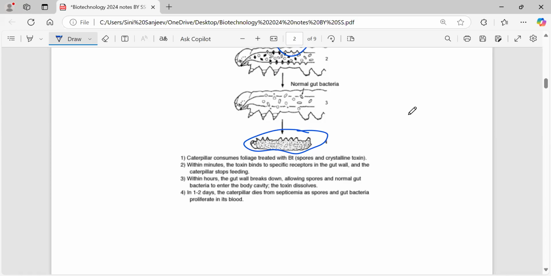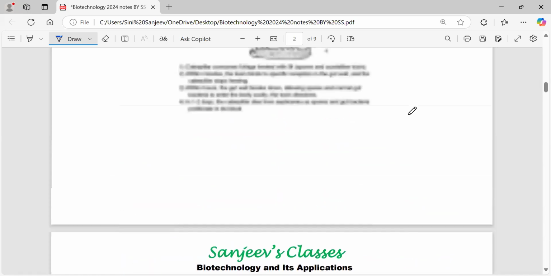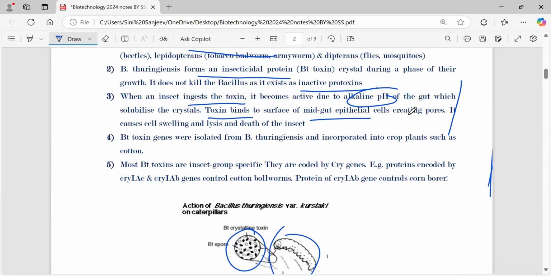Usually they get infectious, and that is how they die. The same happens with however many insects are invading the plant. The same mechanism happens with every organism. So this is how Bt cotton was ultimately protected from the caterpillars.